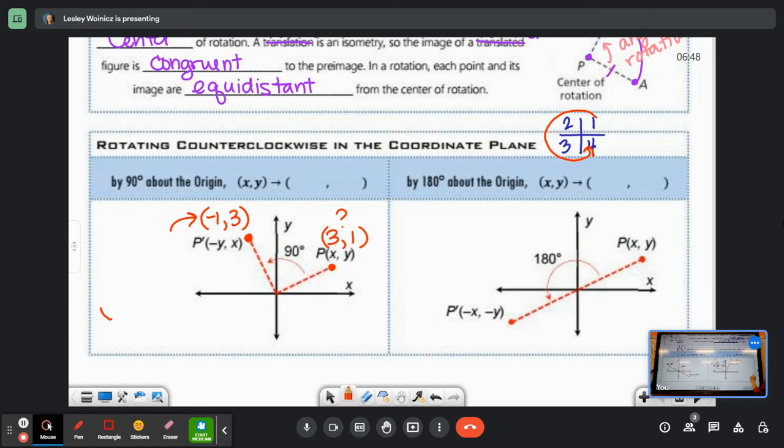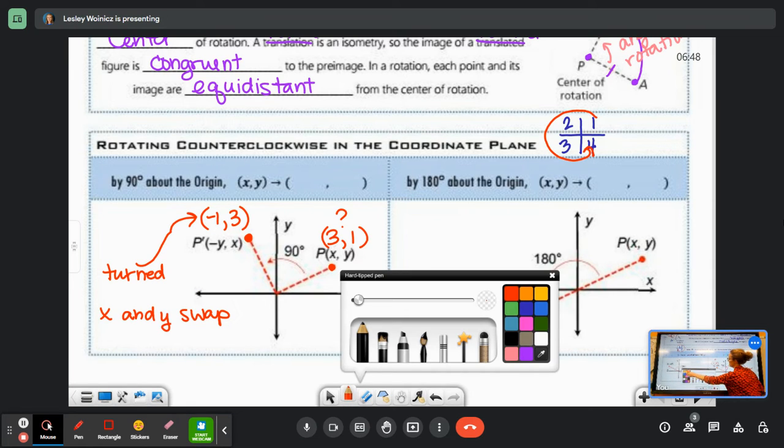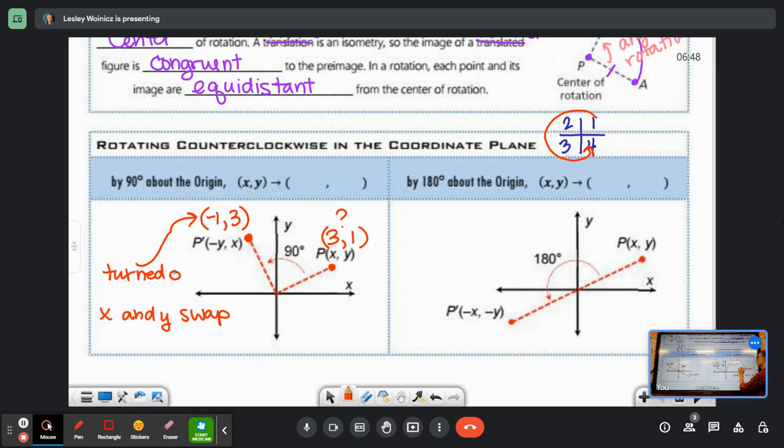So x and y swap, and this one turned negative. You know what? We're going to say opposite, because if it had started off negative, we're just going to say opposite.